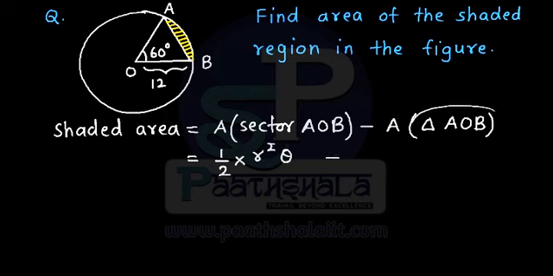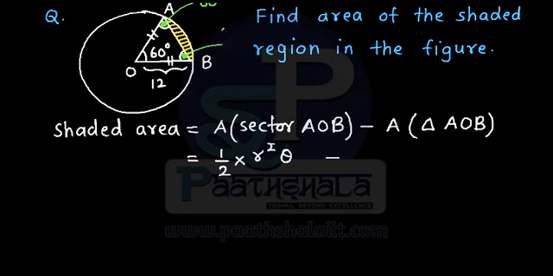Now let us see what this triangle AOB is. We know that OA and OB are both radii of the same circle. So therefore the two angles as shown here in green must be of the same measure. But since the remaining angle is 60 degrees, the sum of these two green angles must be 120, and they both being the same, each one has to be 60 degrees.